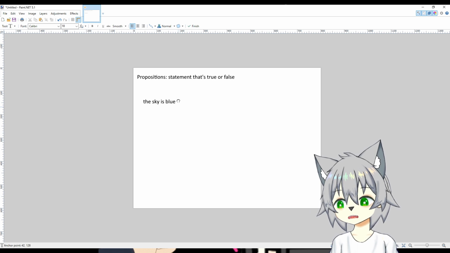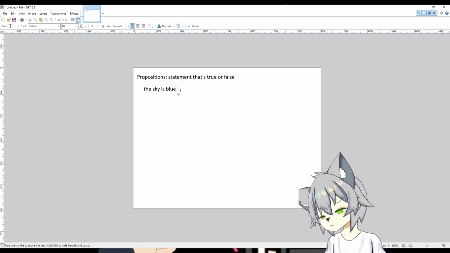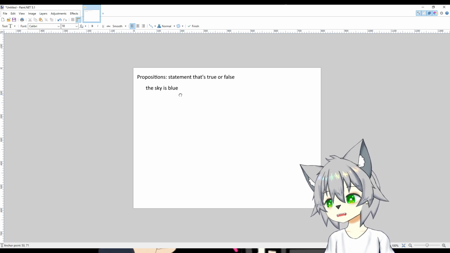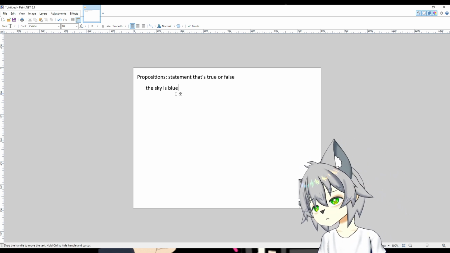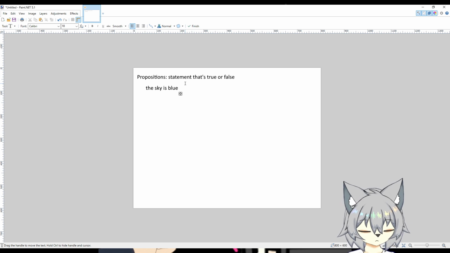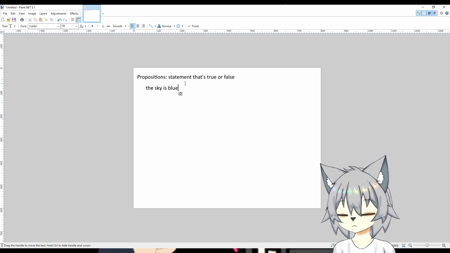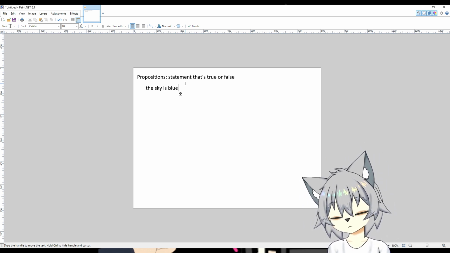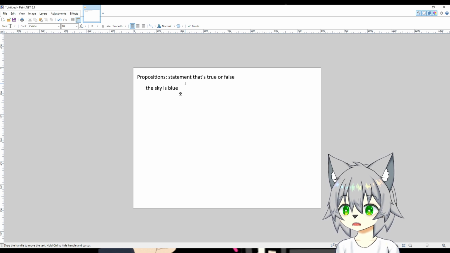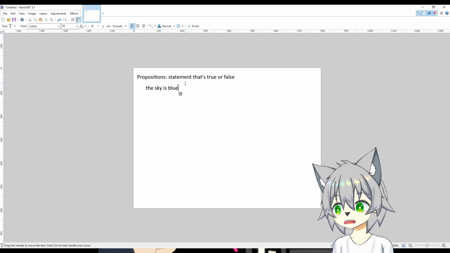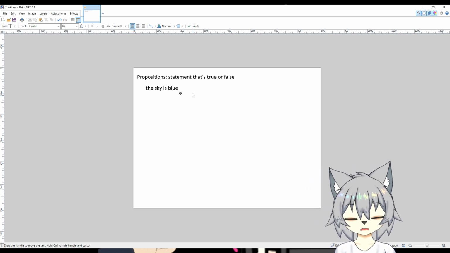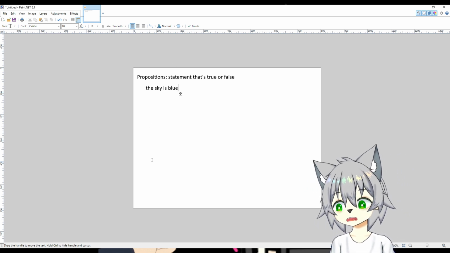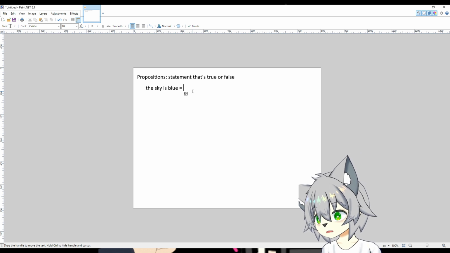That statement is true currently, because it's the morning, but in the afternoon sometimes it's a bit red, sometimes kind of green, depending on how the light acts during the day. I've seen green skies before, and the sky is often very dark purple, blue, black at nighttime. But the sky is blue is true.